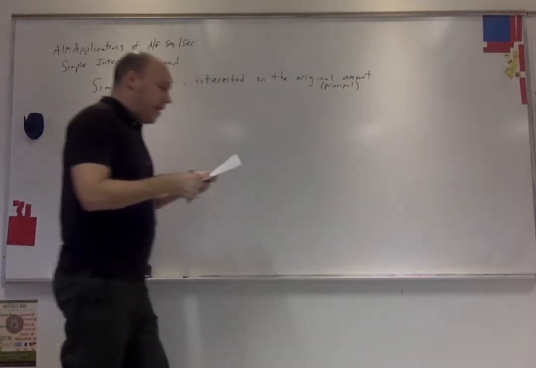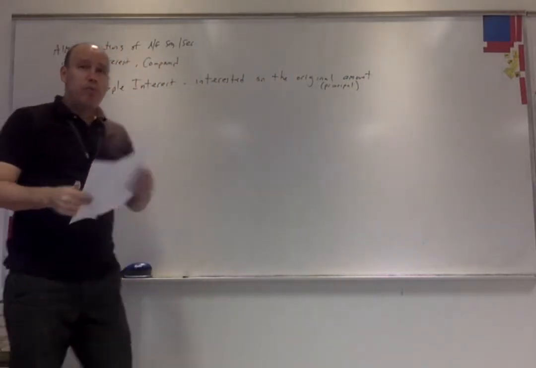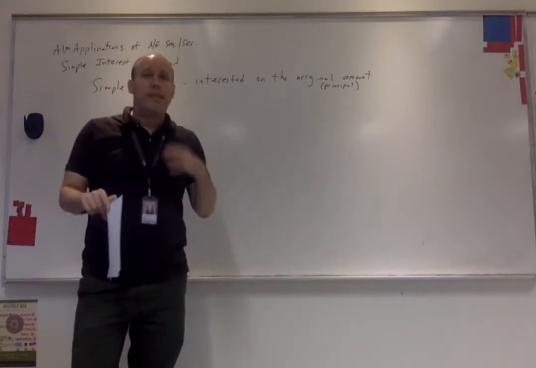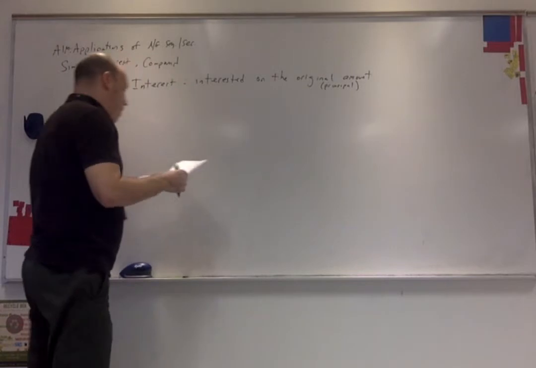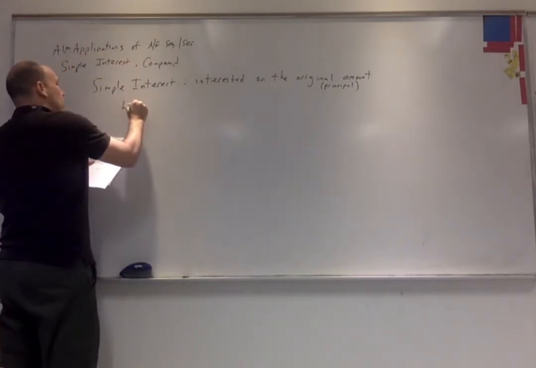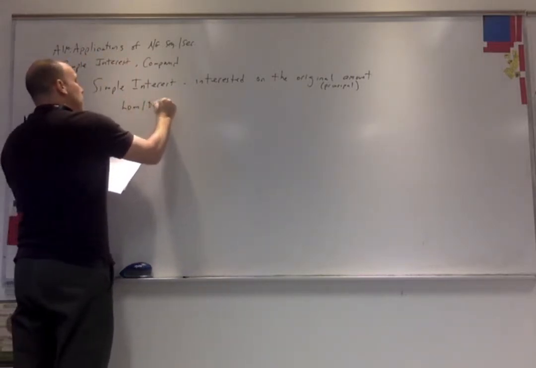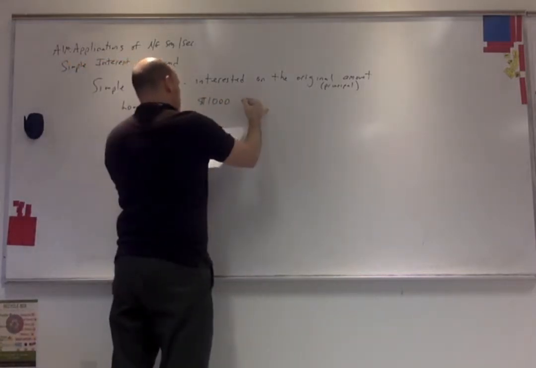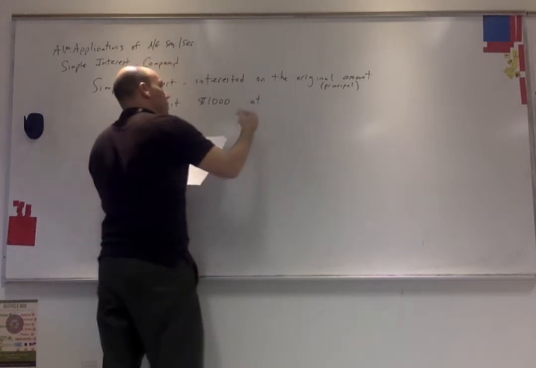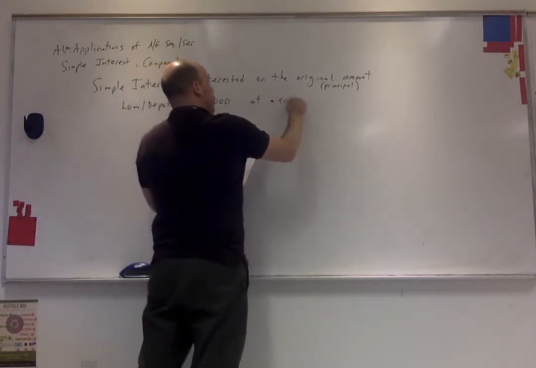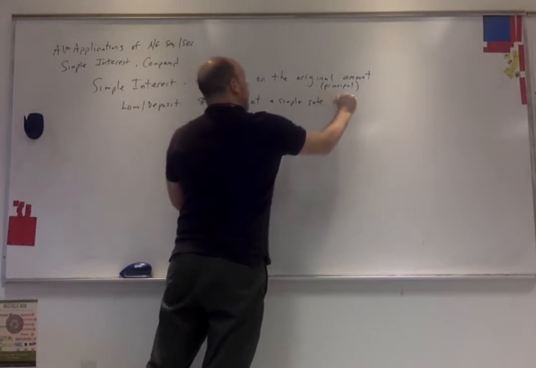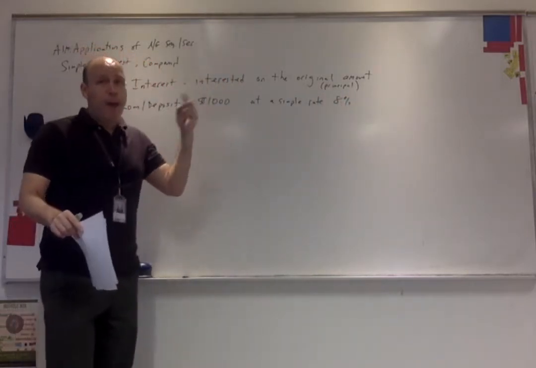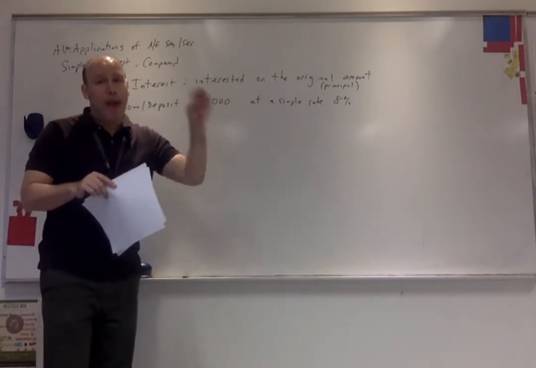The idea is if you put $1,000 in the bank or you take a $1,000 loan, a loan or a deposit of $1,000 at a simple rate of 8%, that means that either the loan or your bank only grows $80 every period.